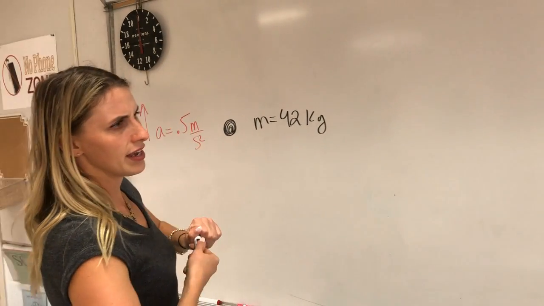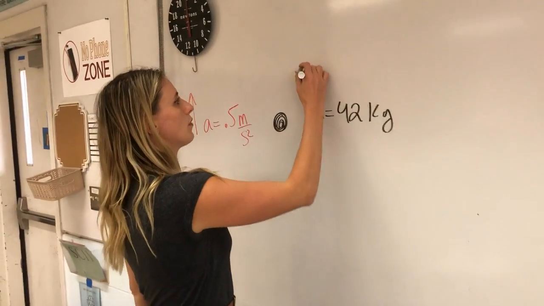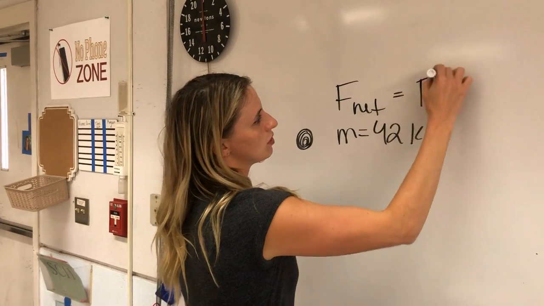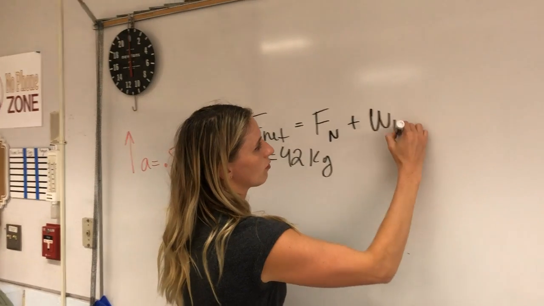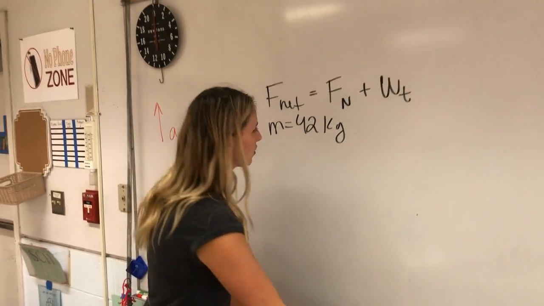And let's go ahead and draw some stuff that we know. Well, first of all, we know that the net force is going to equal the normal force plus the weight, right? But we don't have either of those yet. How can we get the weight?